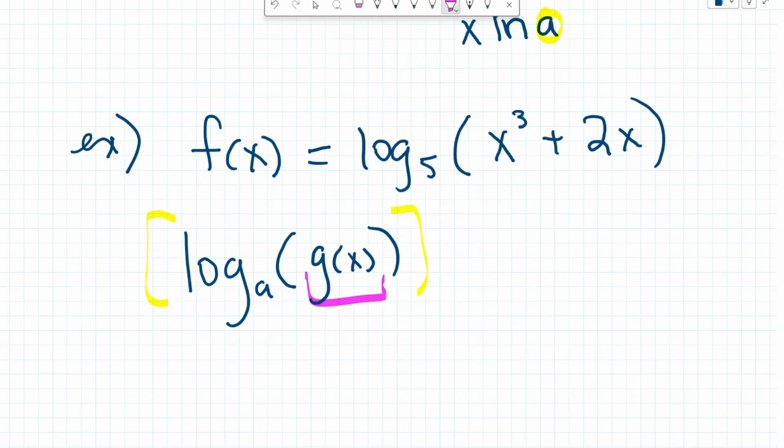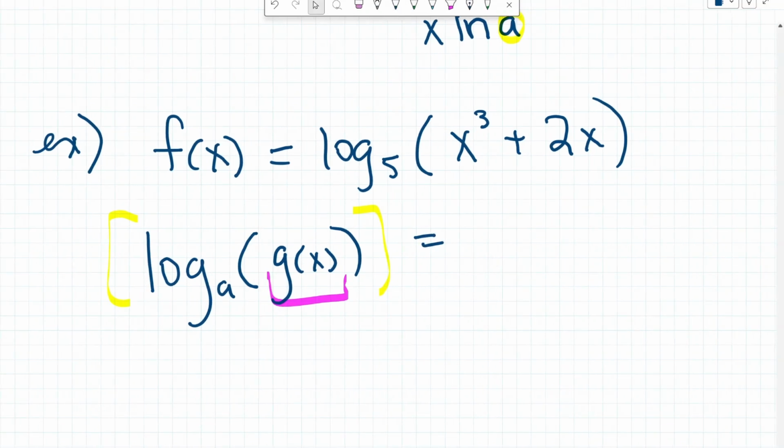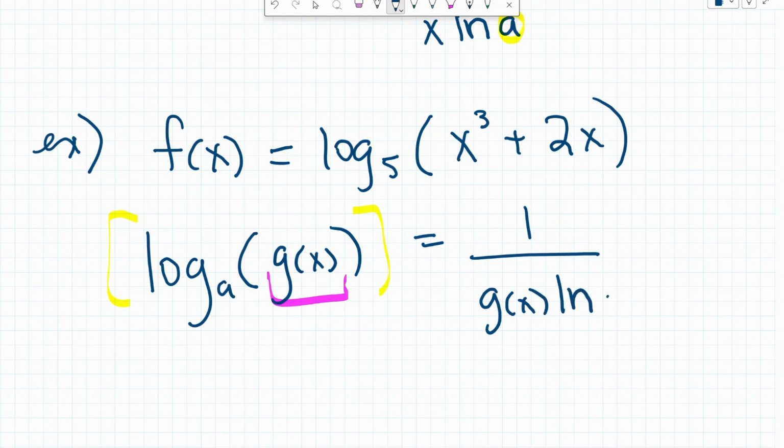Now we have to apply both rules that we learned today: how to use the chain rule to find log derivatives, and also how to use the change of base formula for logs. If we put these both together, this is the formula that you get: 1 over g of x multiplied by ln a.